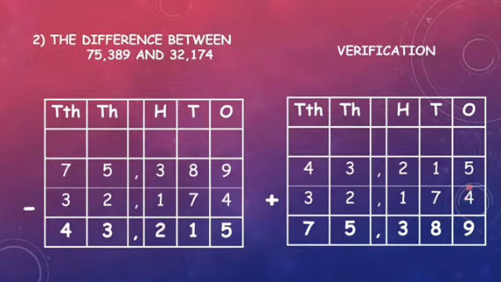Now what I have got is 5 plus 4 is 9, 1 plus 7 is 8, 2 plus 1 is 3, 3 plus 2 is 5, 4 plus 3 is 7. So what is the answer that I've got? 75,389. Check with the minuend, 75,389. Both are same. So the problem is correct.